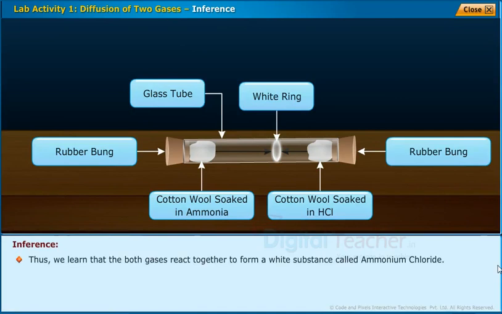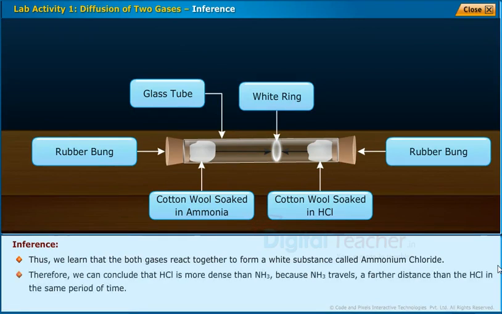Thus, we learned that both gases react together to form a white substance called ammonium chloride. Therefore, we can conclude that HCl is more dense than NH3 because NH3 travels a farther distance than the HCl in the same period of time.